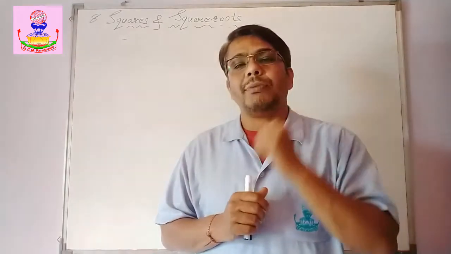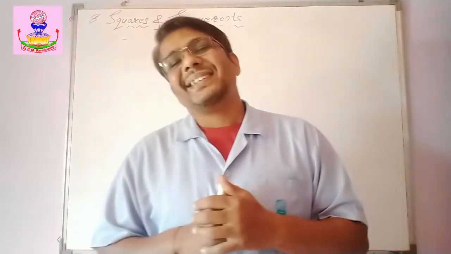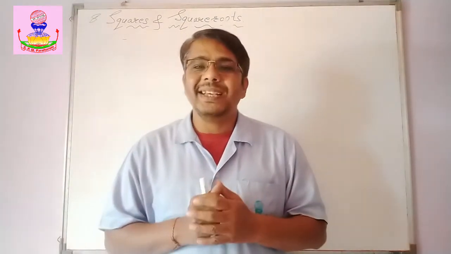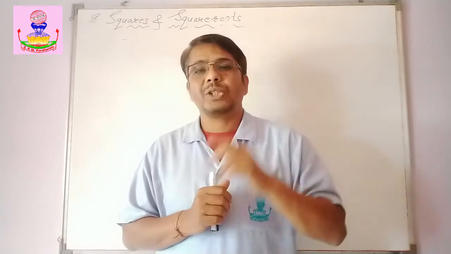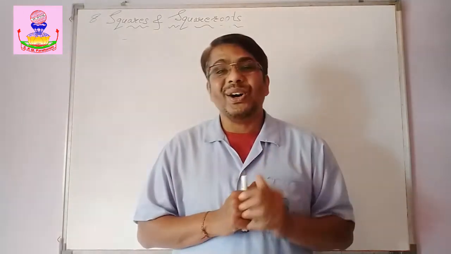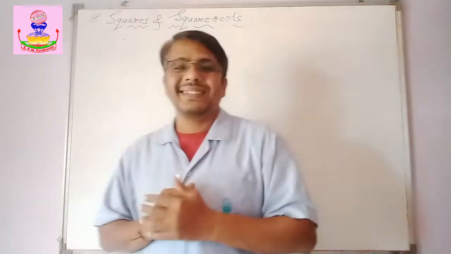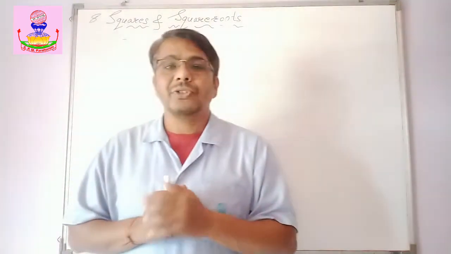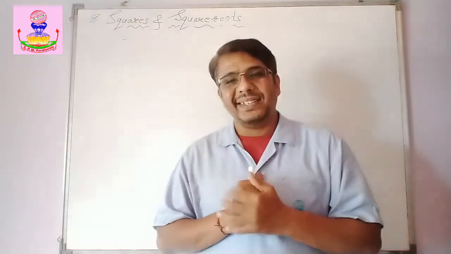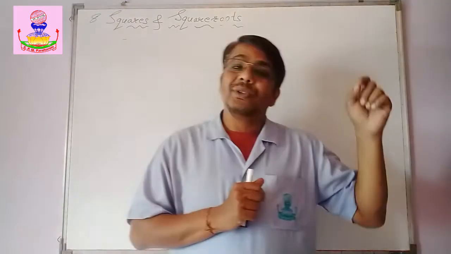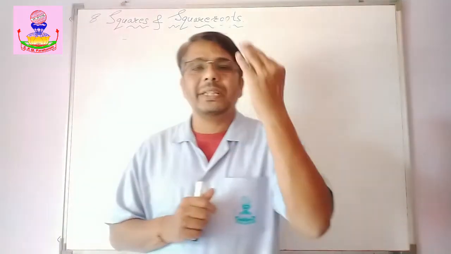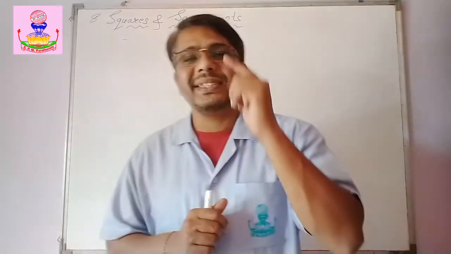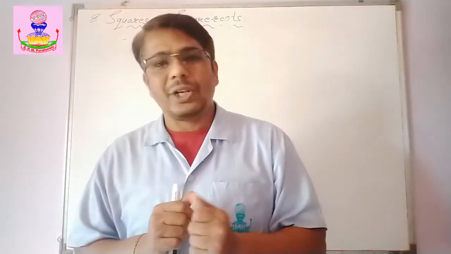If in the units place of the square there is 6, then in the units place of the square root it has to be 4, because 4 4s are 16, or 6, because 6 6s are 36. Okay. Then if in the units place of the square of a number there is 9, then in the units place of the square root there can be 3, since 3 3s are 9, or 7, since 7 7s are 49. Okay.